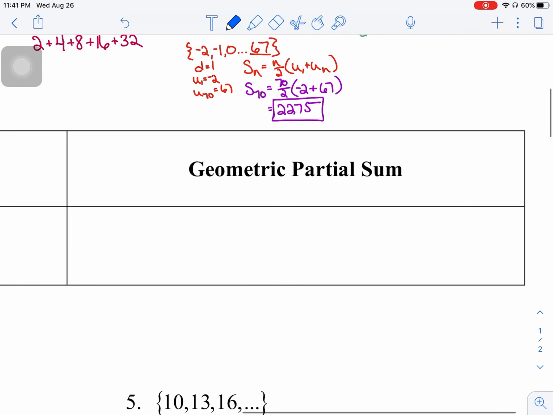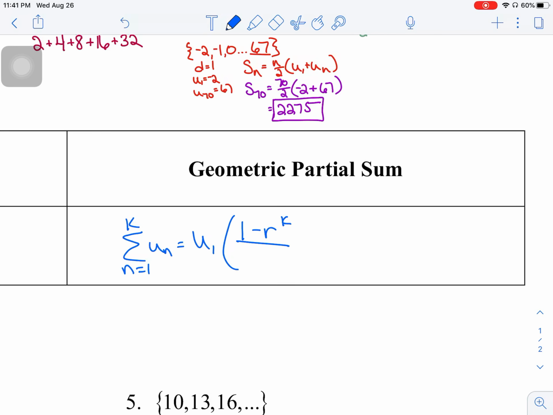I'm going to zoom in because the geometric is going to take me a second to write. All right, it is the sum of n equals 1 to k u sub n equal to u sub 1 times 1 minus r to the k over 1 minus r. This has to be set up as a 1.